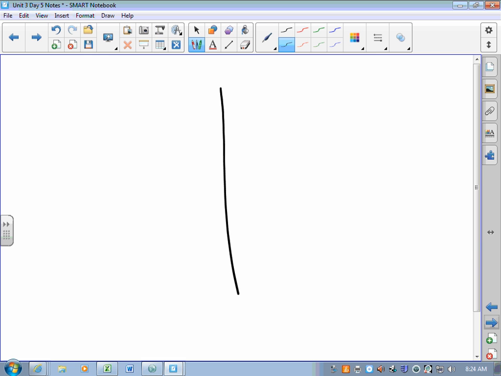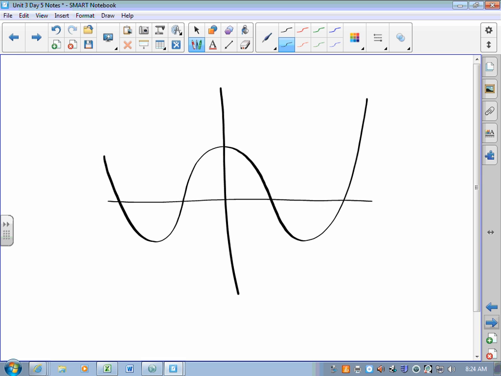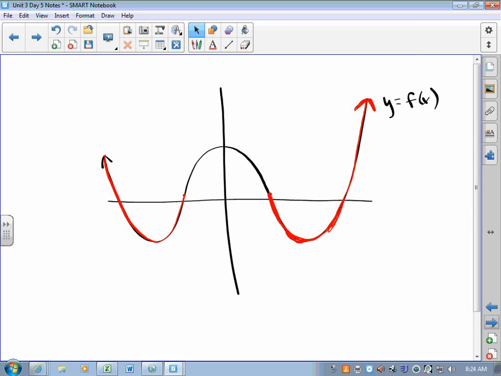So you've got some function, and it looks like so. This is some function y equals f of x. All through this area, right to about there, and all through maybe this area, right through here, the function f of x is concave up. Well, why do I say that? Because the derivatives are large negative, then smaller negative, then 0, then small positive, then large positive.